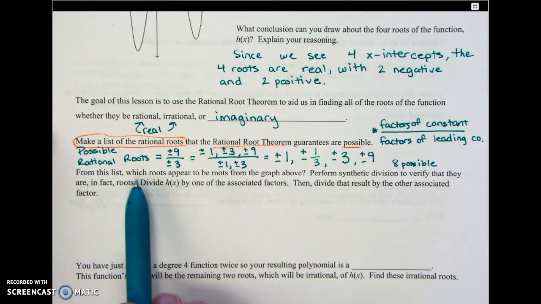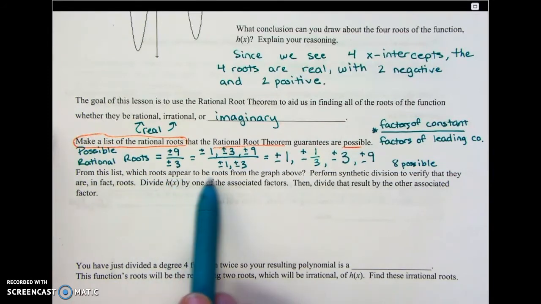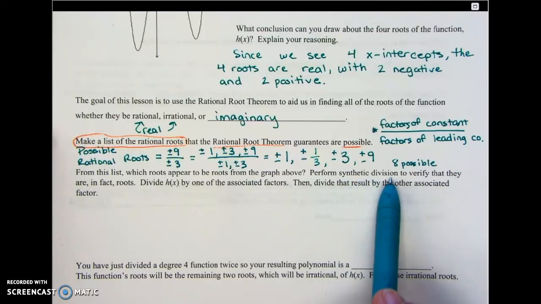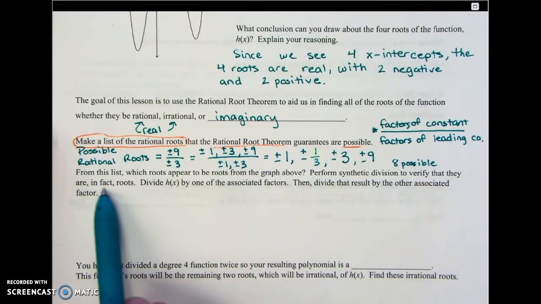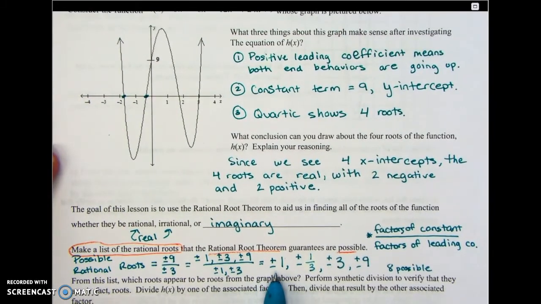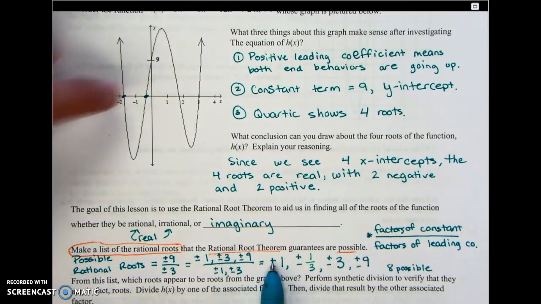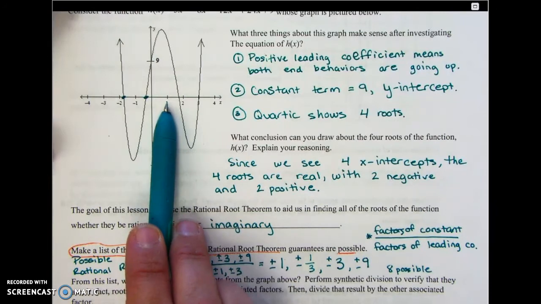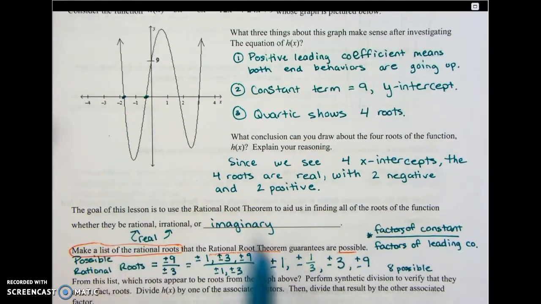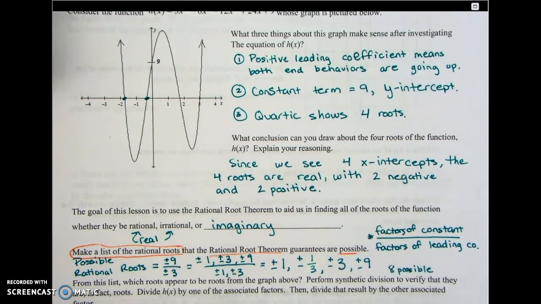From this list, which roots appear to be the roots from the graph above? Perform synthetic division to verify that they are in fact roots. Okay, you ready? Here we go. Do we see a positive 1 as a root? No. Do we see a negative 1 as a root? No. So we can cross off 1 and negative 1.